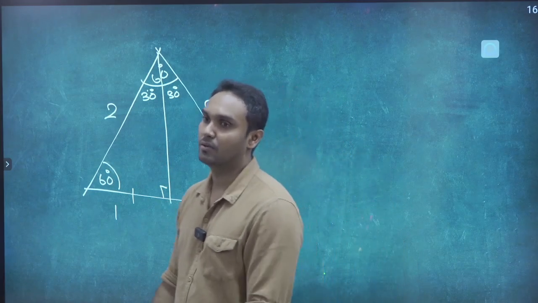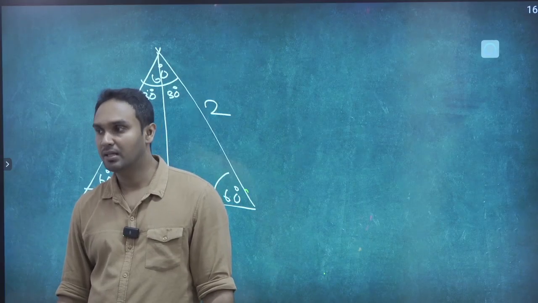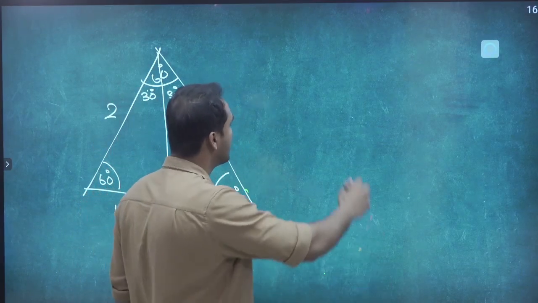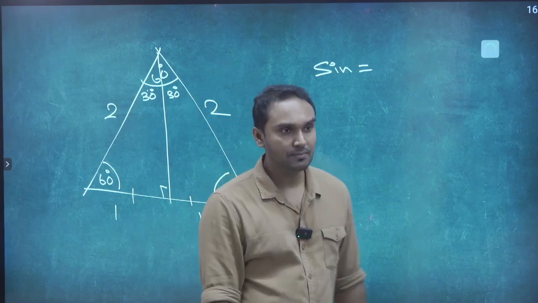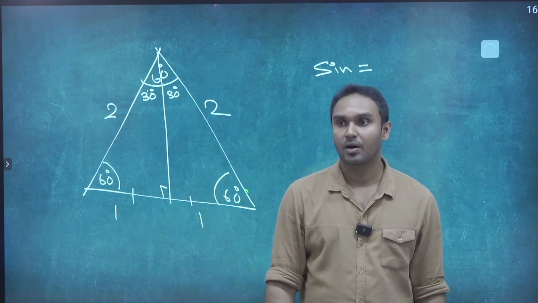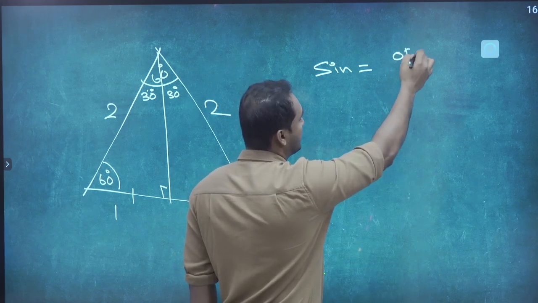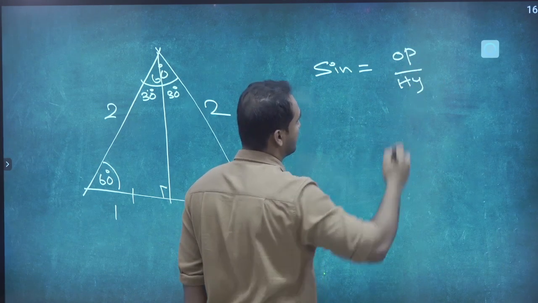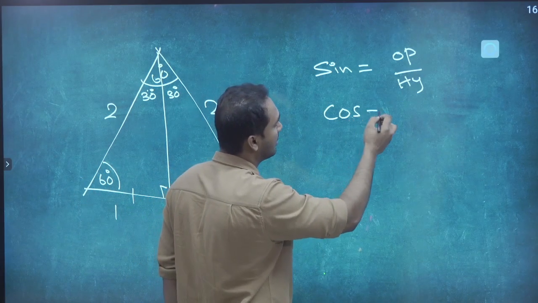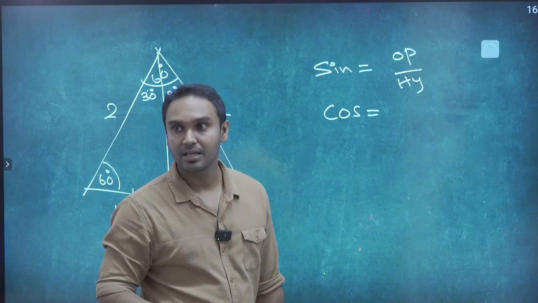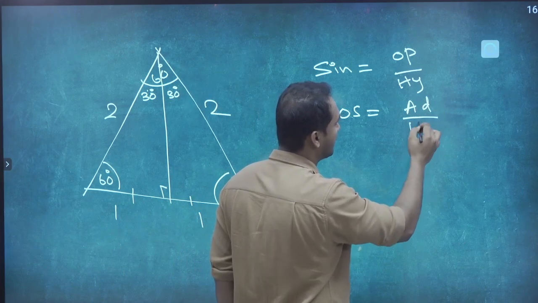First thing, you have to know what the three trigonometric ratios are. First one is sine. Now tell me what sine is? Opposite over hypotenuse. And cos is? Adjacent over hypotenuse.